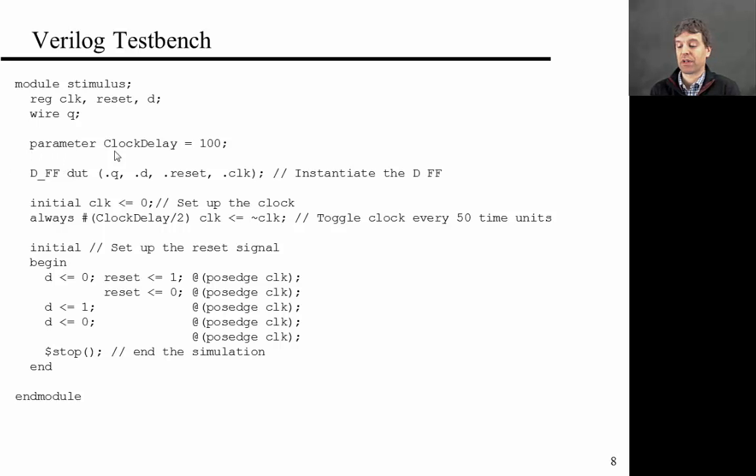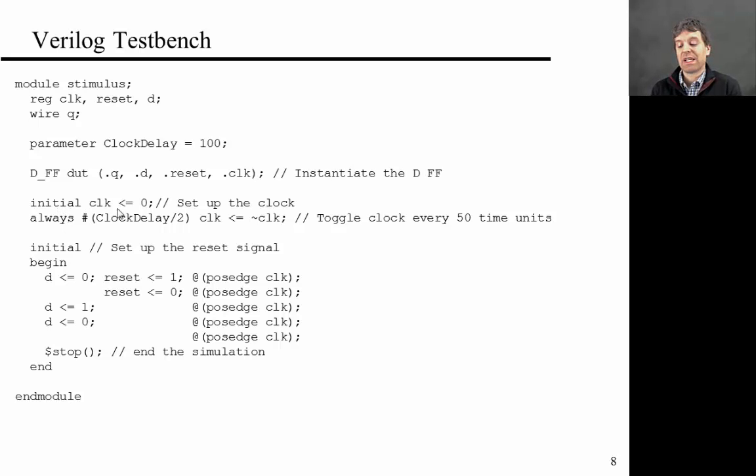We introduced this parameter clock delay, which is set to 100. We'll see in a second what that is. Our unit under test is this D flip-flop, where we're assigning the inputs as we've seen before. We're assigning this wire Q to the variable Q that was previously used in defining the flip-flop.